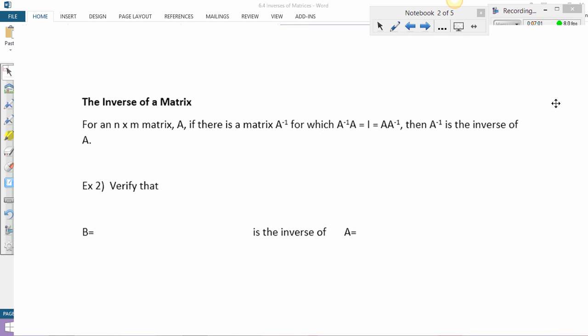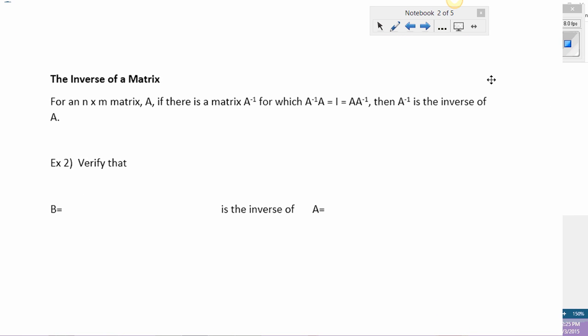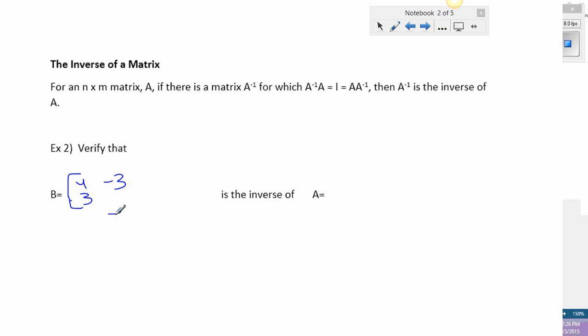Okay, so the next thing we're going to talk about is how we go about finding inverse matrices, or verifying that two matrices are inverses of one another. So we're going to start by looking at matrix B, which we're saying is 4, negative 3, 3, negative 2.